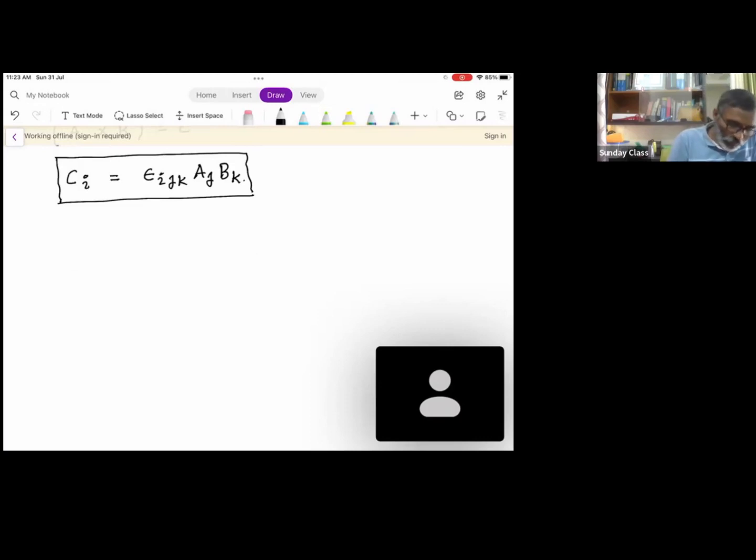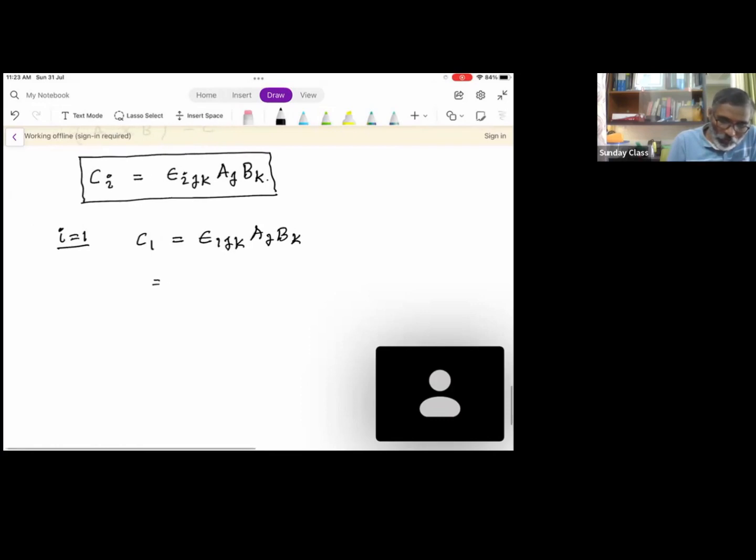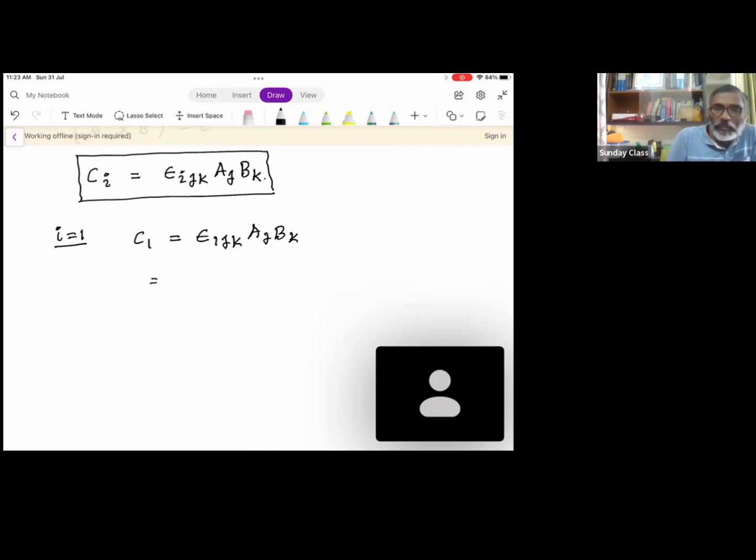For that, let's say I is equal to 1. That means I want C1. So that is equal to epsilon 1jk aj bk. Now j is repeated, k is repeated, right? So j is dummy and k is also dummy. They have to be summed over. Correct? So if I write down the sum, there will be 9 terms on the left hand side.